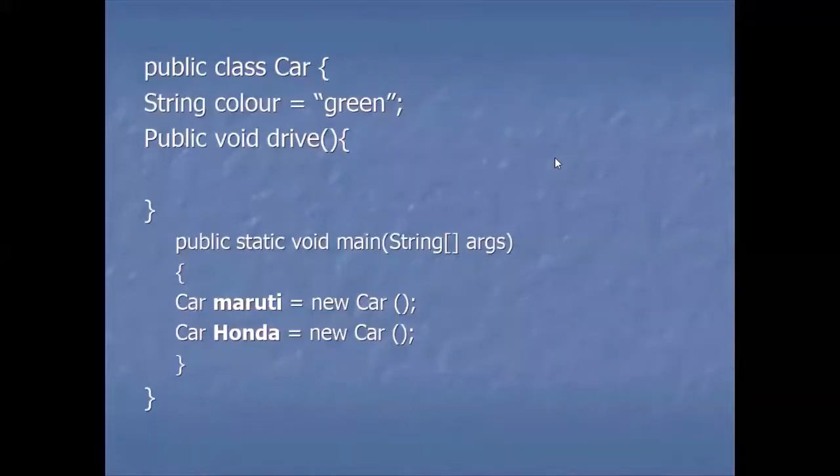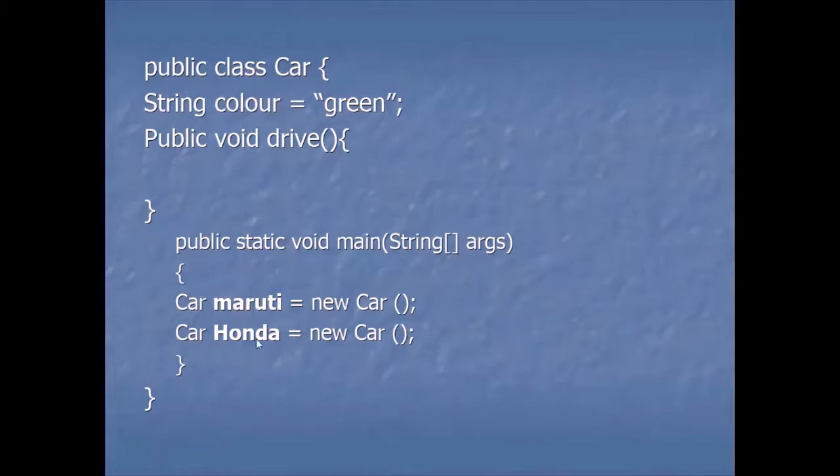Here I will explain classes and objects in a Java program. I have created a class named car. Then I have declared the variables and methods, and then I have created the objects for the class.